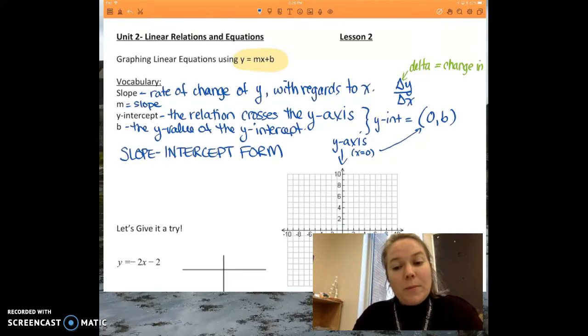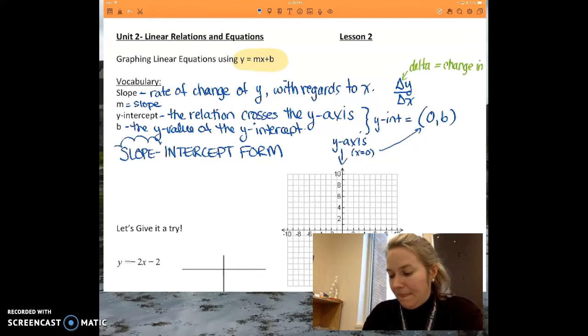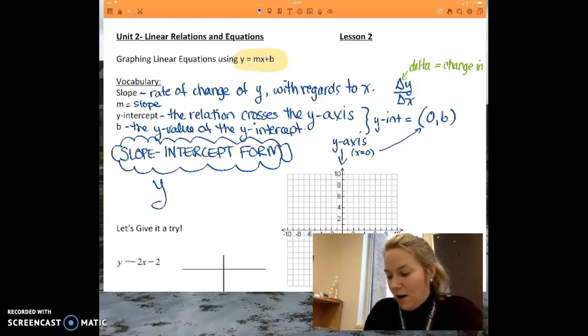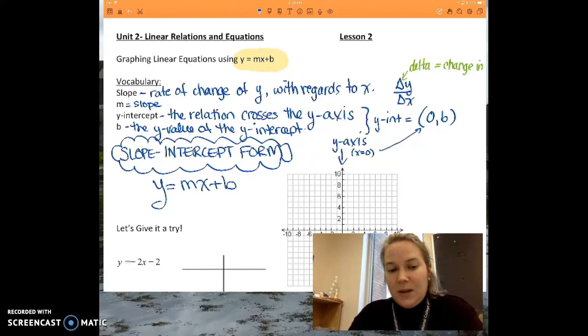It's y equals mx plus b. There's the m, there's the b. By knowing m and b, we can skip the step that takes us to the table of values. We can skip it entirely, which makes our life a lot quicker.